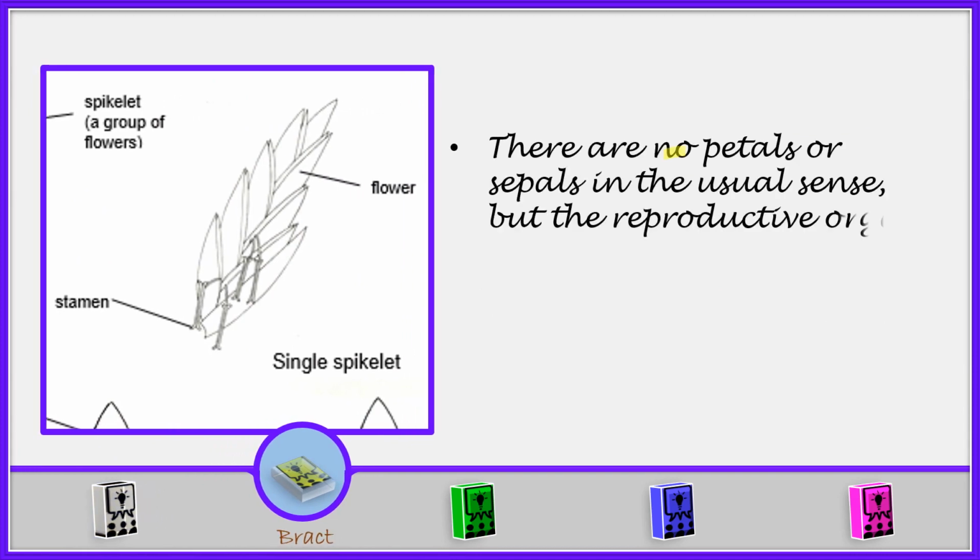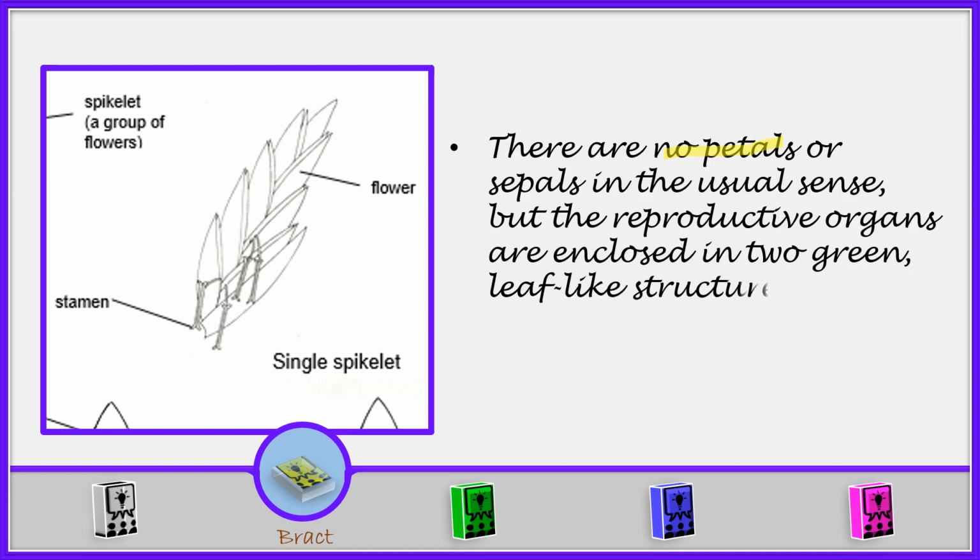There are no petals or sepals in the usual sense, but the reproductive organs are enclosed in two green leaf-like structures called bracts. So in grasses, we don't have petals. There are no sepals.